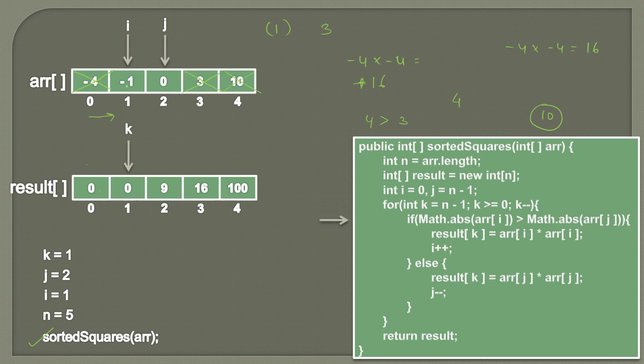Now we do math.absolute of -1, which will give us 1, and math.absolute of 0, which will give us 0. So 1 is greater than 0. So this condition comes out to be true. And what we do is we simply assign -1 into -1, which is 1, into this spot.